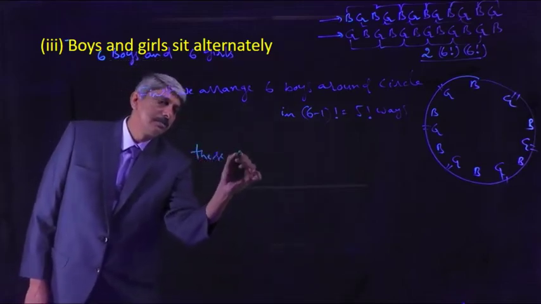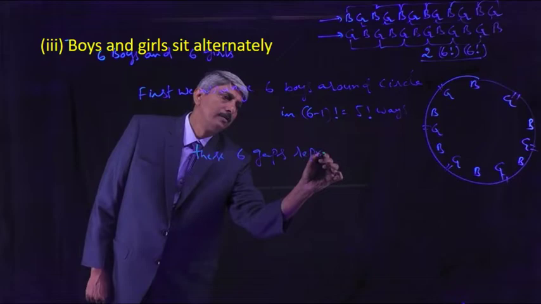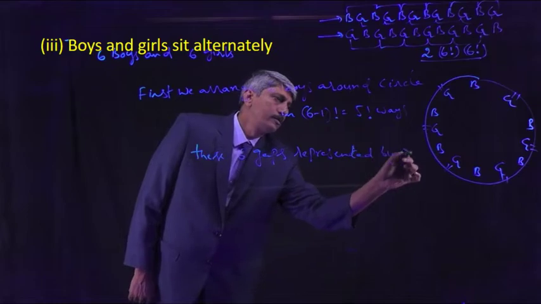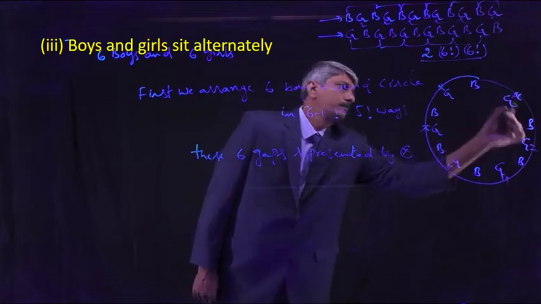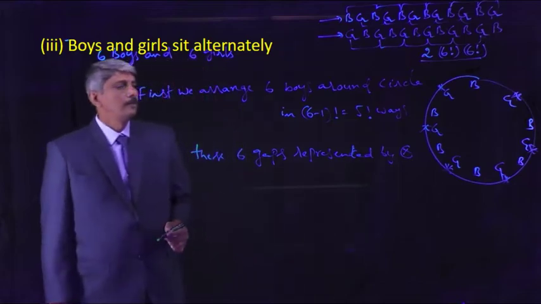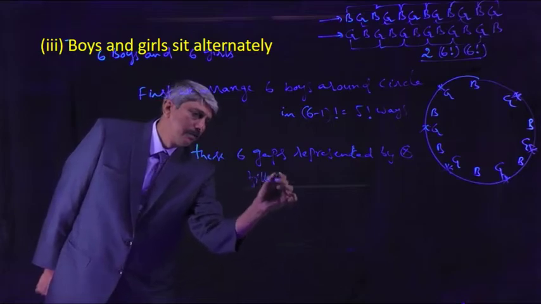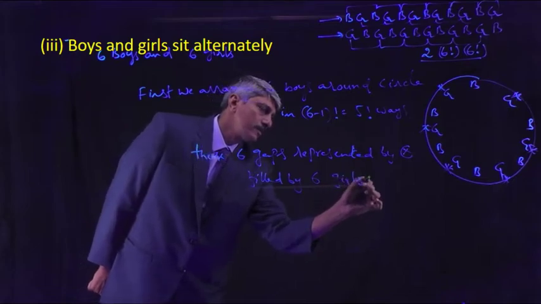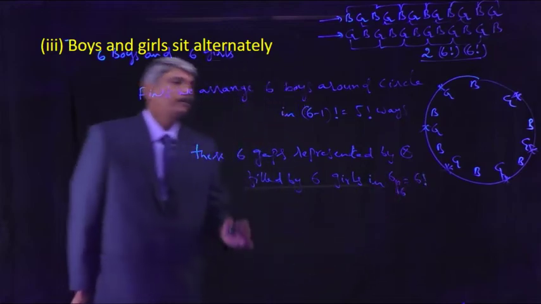These 6 gaps, represented by star, are filled by 6 girls in 6P6 ways. That is 6 factorial ways.